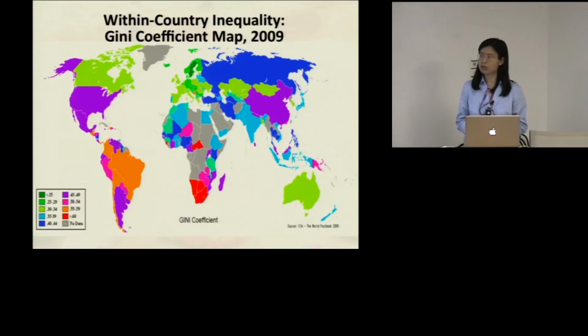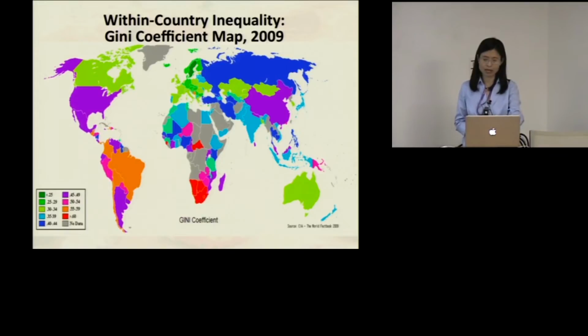Another chart shows a snapshot of the Gini index of the world in 2009. The red areas you see on the chart, like South Africa, are the countries with a high income inequality, and the orange areas are also very high.